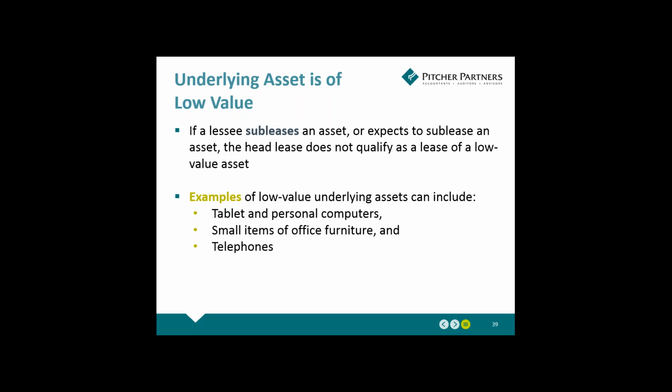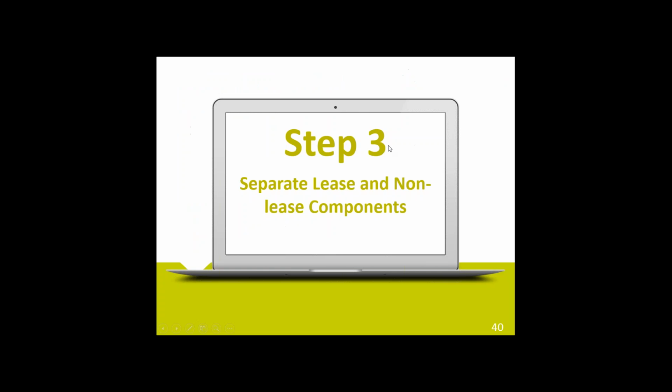That could be low value. Small items of office furniture, telephones, mobile phones, that could be low value. So they expect all tablets, personal computers, telephones, mobile phones, those kind of things are low value. You don't have to capitalize and bring it on the balance sheet. So that's the second practical expedient.